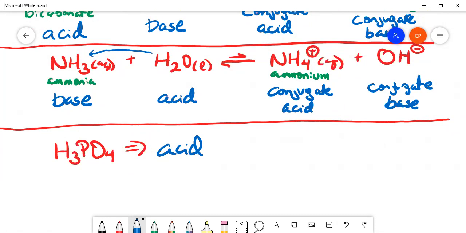What would be the species that would be left behind if H3PO4 went and gave up a hydrogen ion?